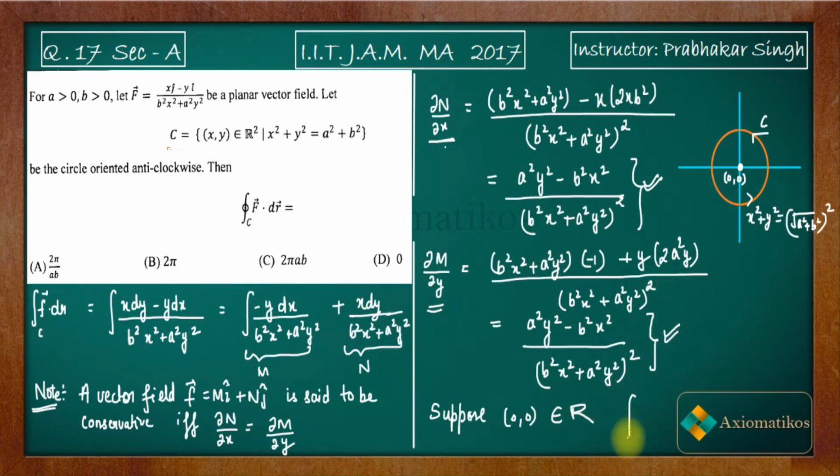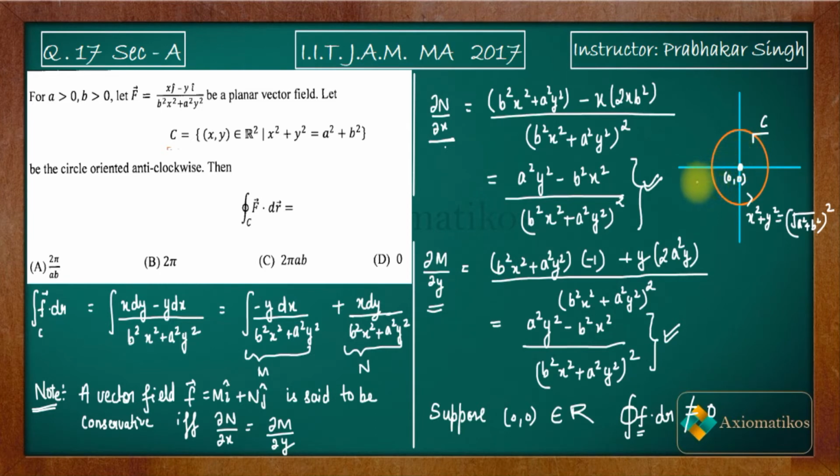Then the integral of f dot dr, because f is a conservative vector field and you are on a closed curve, will be directly 0. This is what you know. So the answer for this problem would be 0 if (0, 0) were not inside your curve. Are you getting my point? So it means that we cannot proceed like this. The answer cannot be 0 because (0, 0) is inside it. So we have to use some different trick in order to remove this (0, 0).